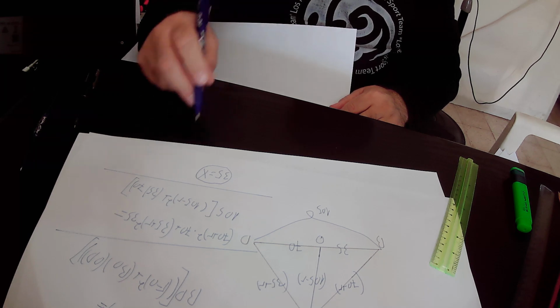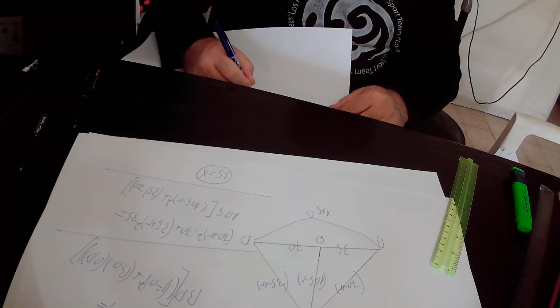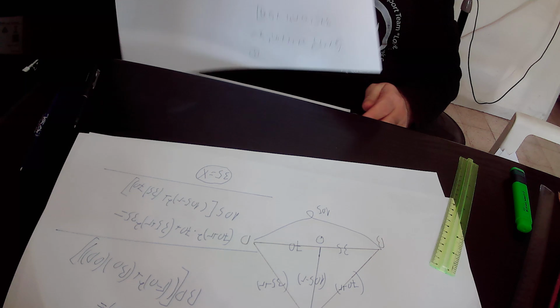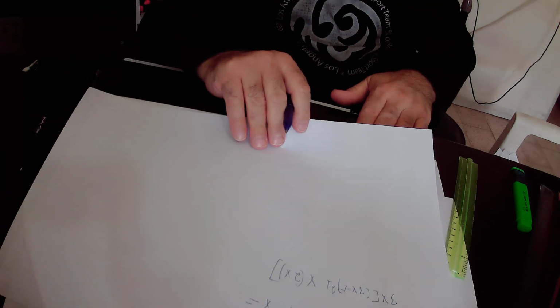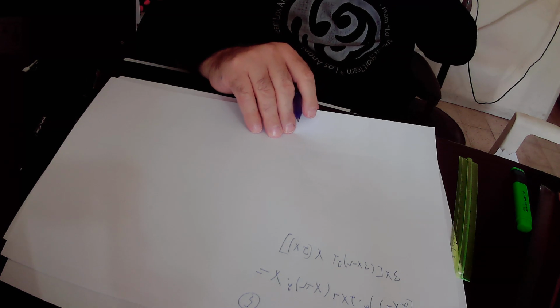So this expression in total equals x times 2x. Okay, this is the equation with 35 substituted by x.